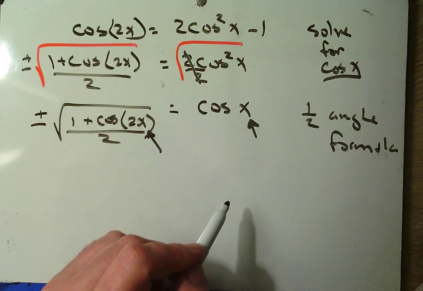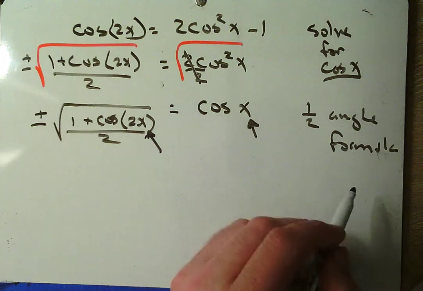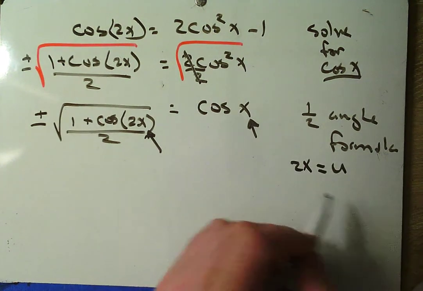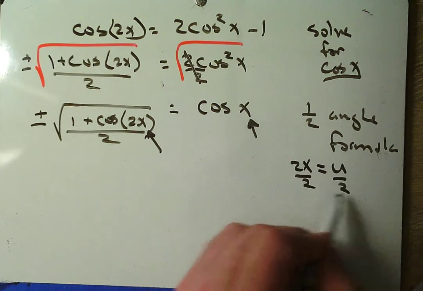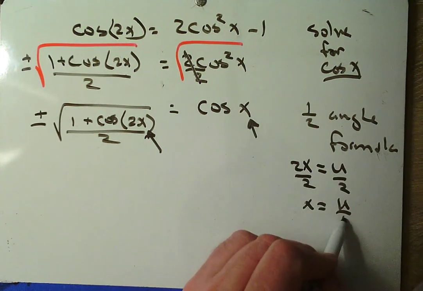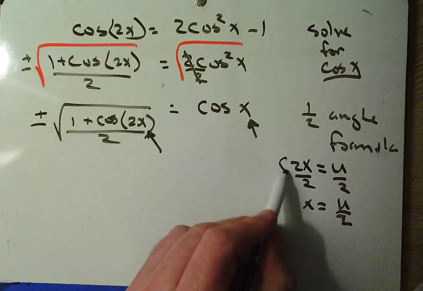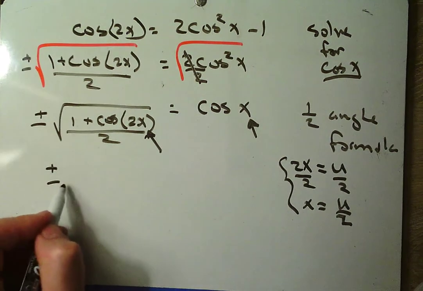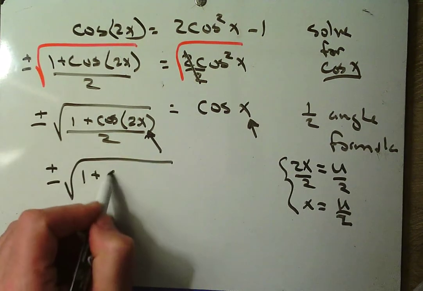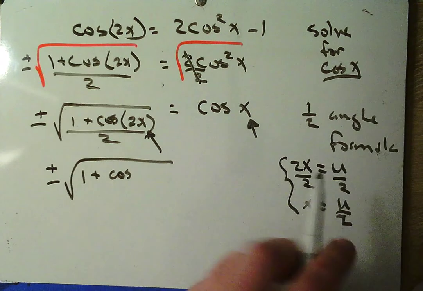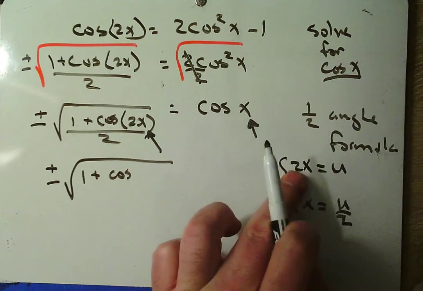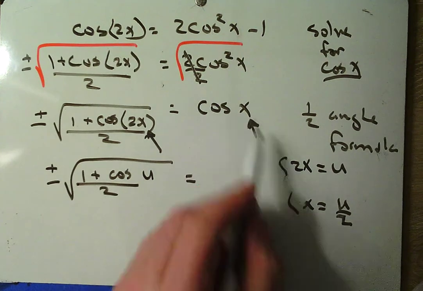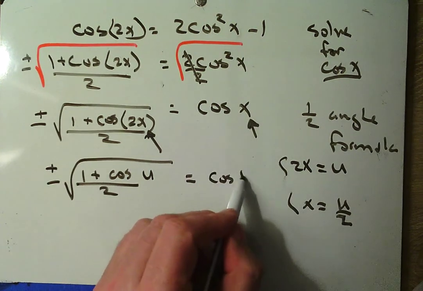And you may say, well, why would I ever want to use that? Well, let's try this experiment. Let's say that 2x equals u. If we divide both sides by 2, we've got x equals u over 2. So using this u substitution, let's rewrite this in terms of u's. 1 plus cosine 2x becomes 1 plus cosine u, and out here, x is equal to u over 2.